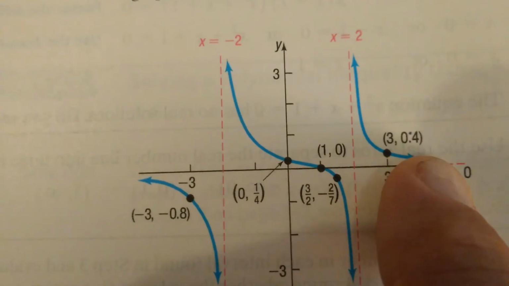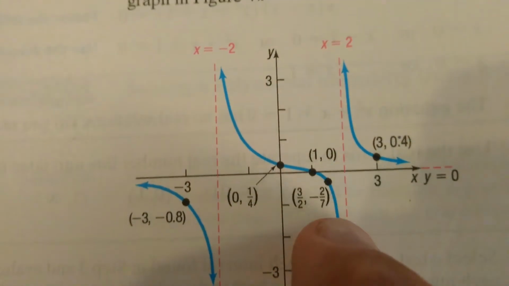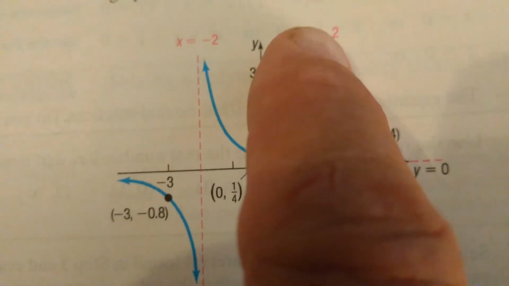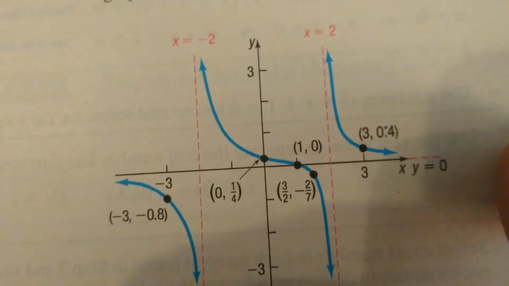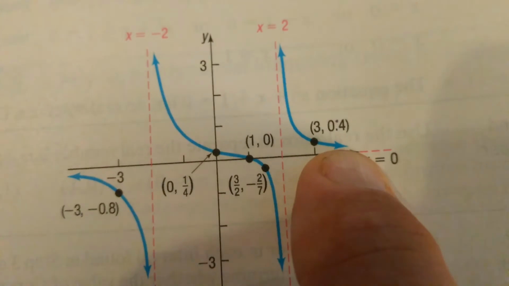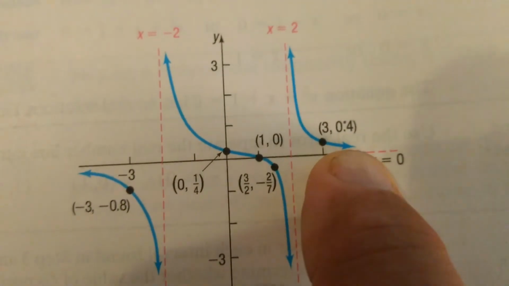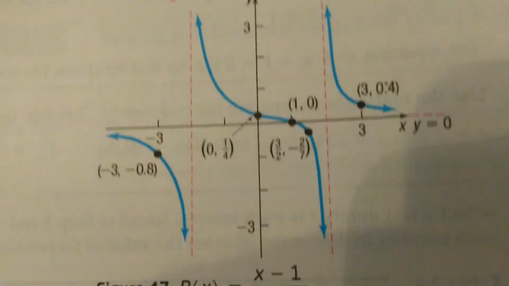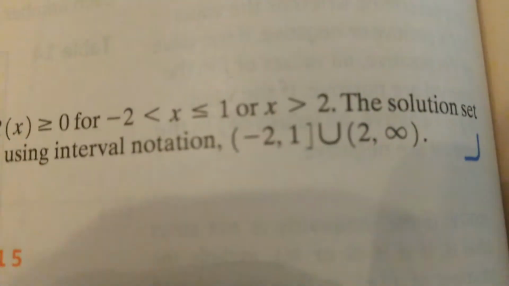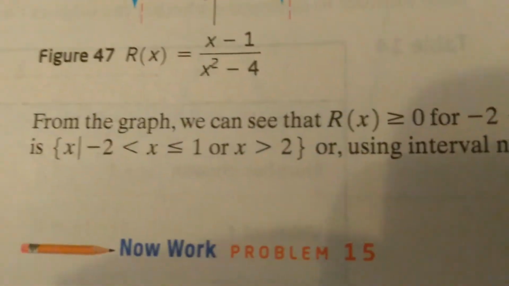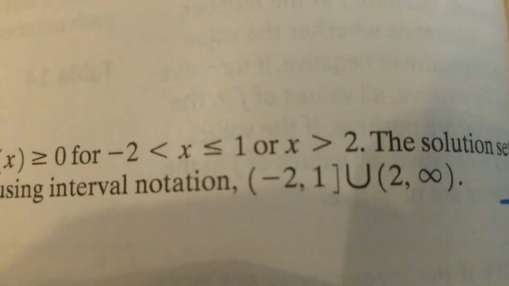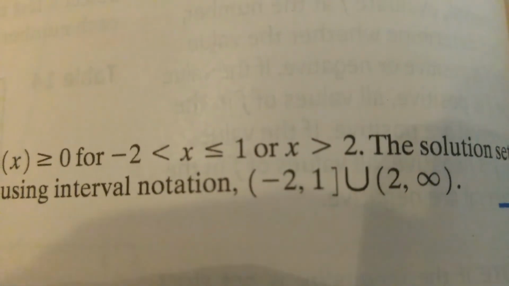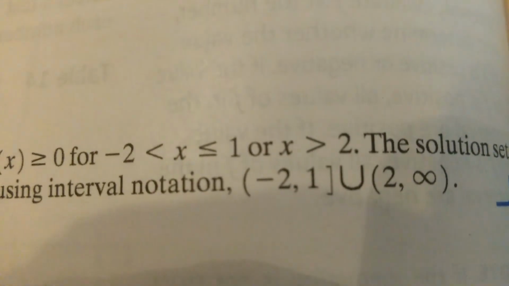Here, in terms of this, we're coming from negative 2 and going to positive infinity, because right here, this will never cross 0. So it's still a solution. If you look at the solution here, and you know what?